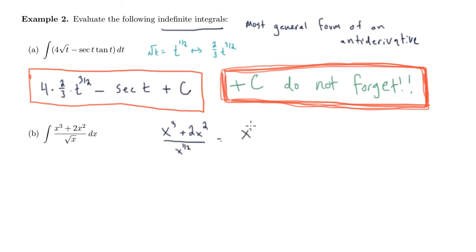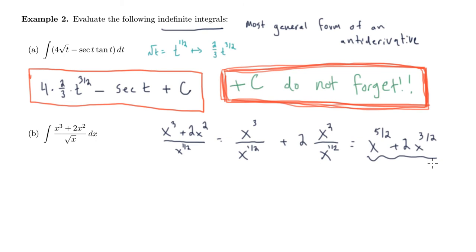Because then I can write this as x cubed over x to the 1/2 plus 2 times x squared over x to the 1/2. And then if I just use my properties of exponents, this is x to the 3 minus 1/2, so x to the 2.5 or 5/2, and then plus 2, this will be x to the 1.5 or 3/2.